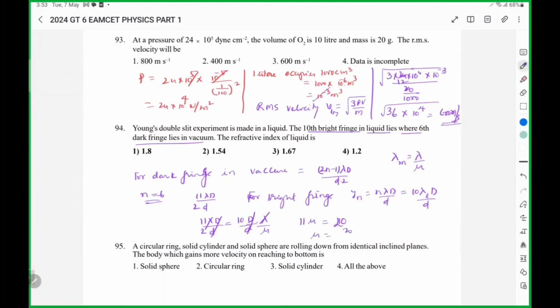Mu here is for the 10th bright fringe, 10 lambda by mu. Mu is equal to 20 by 11.